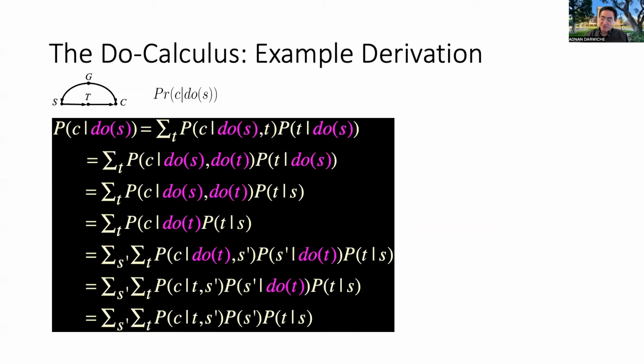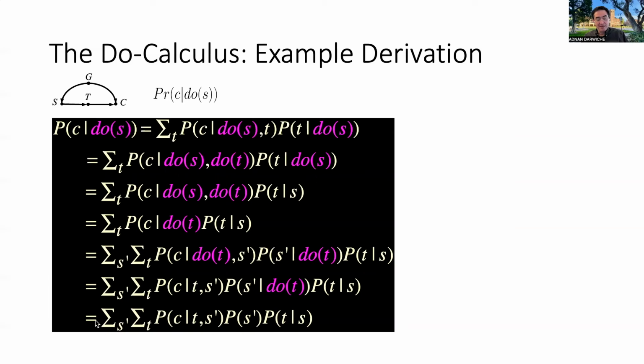Let's stare at this a little bit and understand the structure of what's going on here. I'm starting with this expression, and my goal is to end with this one. The difference is, this is interventional. Look here, no do. Everything is associational. That's my target. If I get this equal to that, then what? Because in this case S, T and C are all observable, I can estimate these probabilities from data.